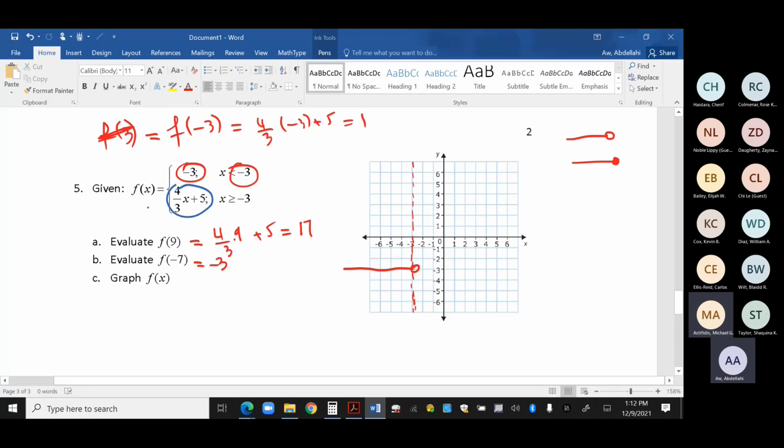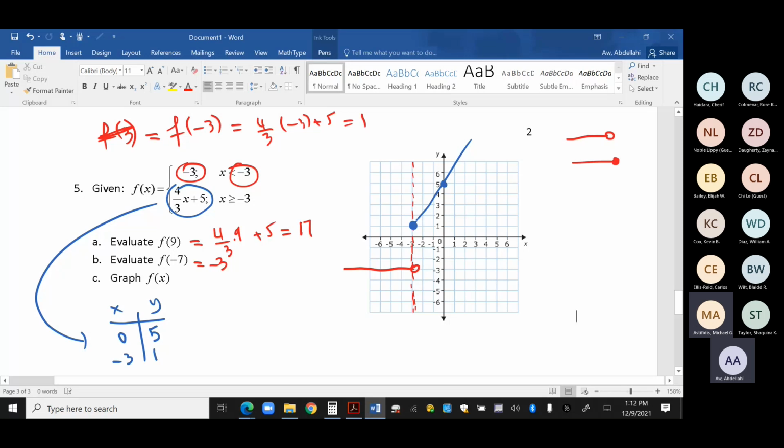I need a couple of points to graph it. For instance, f of 0 is 5, right? f of -3 itself is 1, right? So f of 0 is 5. f of -3 is 1. This is my graph right there.